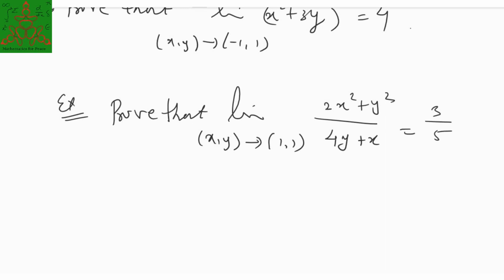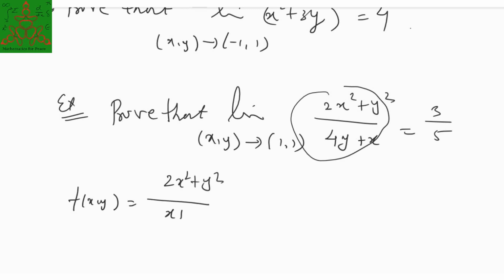So this is a rational polynomial, that is px upon qx, and in this we need to prove that the limit of this function is 3 by 5 as xy tends to 1, 1. So here what is your f of xy? F of xy is 2x square plus y square upon x plus 4y. What is your AB point? AB point is 1, 1. What is your L? It is 3 by 5.